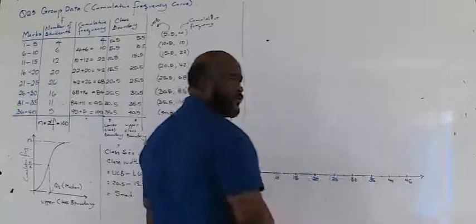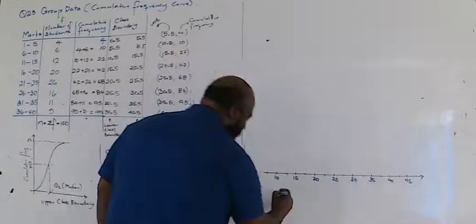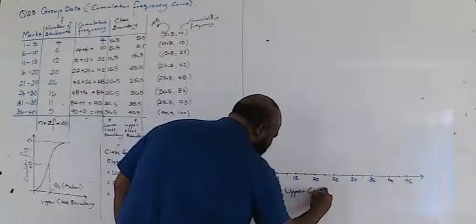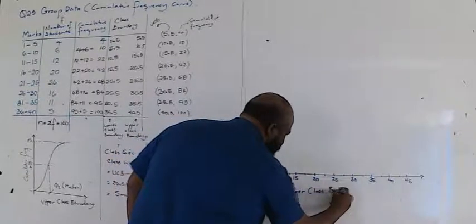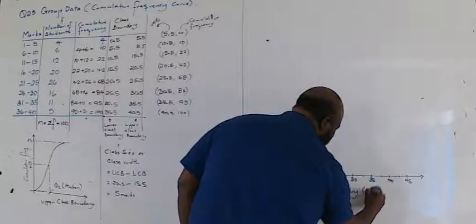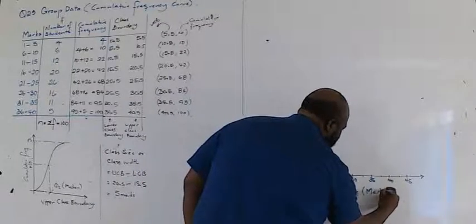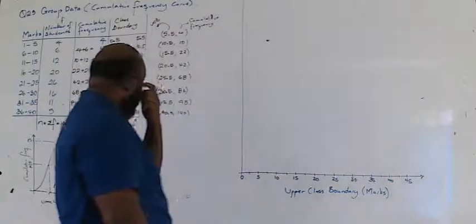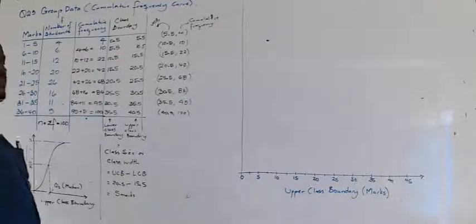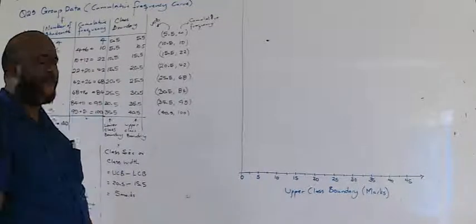And this is the upper class boundary, which is still talking about the marks.